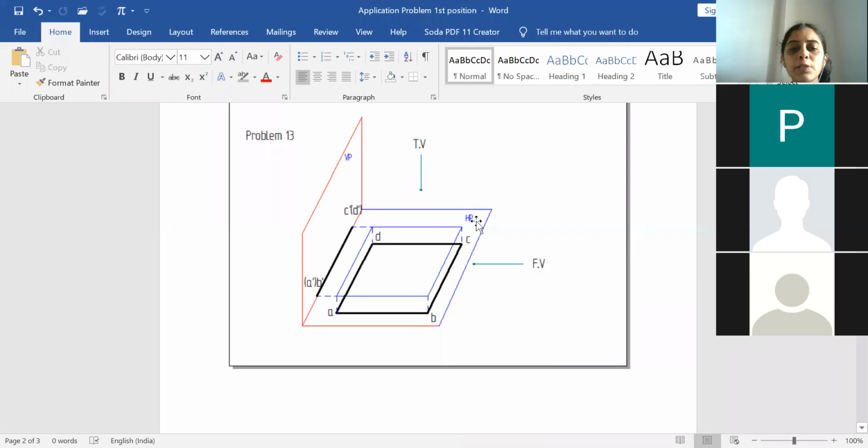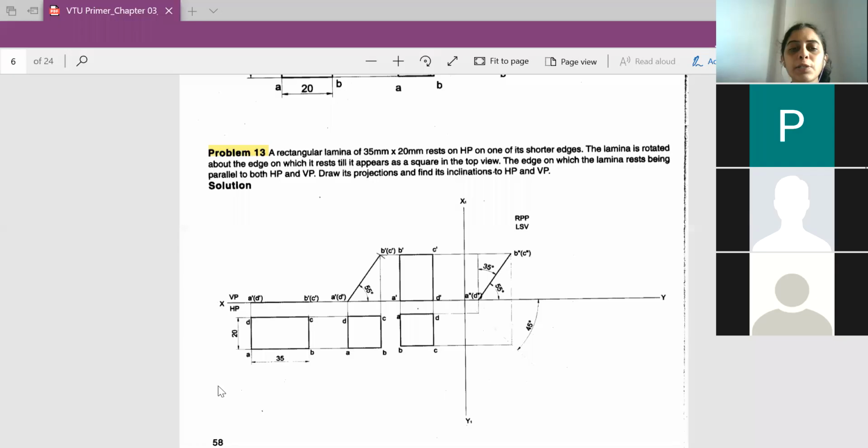So this is our VP and HP plane. After this we rotate the HP plane down, and hence we get the rectangular lamina below the XY line and a straight line in our front view. And hence this will be the first position of the given rectangular lamina.